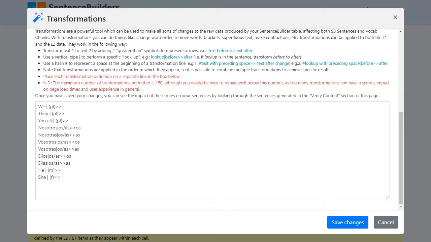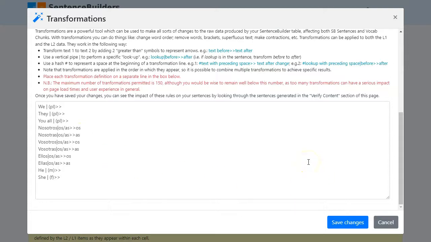So what we're doing by adding this lookup is we're saying only remove the M and the F if our sentence contains he and she. And obviously these lookups are necessary here for this whole plural section, because we're saying only change the OS and AS to OS if the sentence contains nosotros. If it contains nosotras, we need to change it in a different way. So that's the purpose of those lookups.